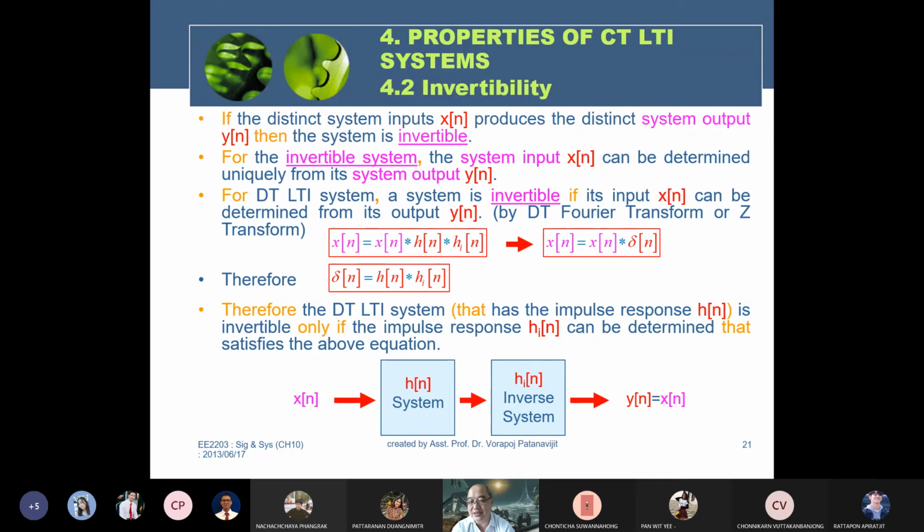Therefore, the DT-LTI system that has the impulse response h[n] is invertible only if the inverse impulse response can be determined that satisfies the above equation. But in the time domain, it's very difficult to find, so we determine them in the transform domain: Fourier, Laplace, z-domain.